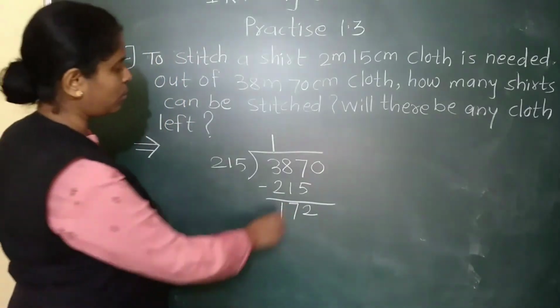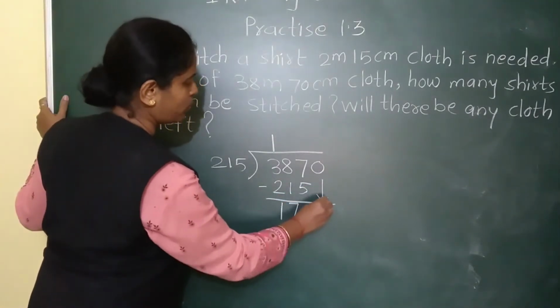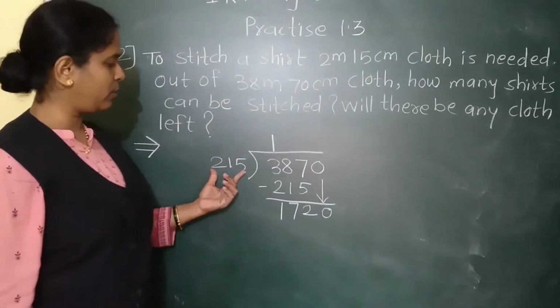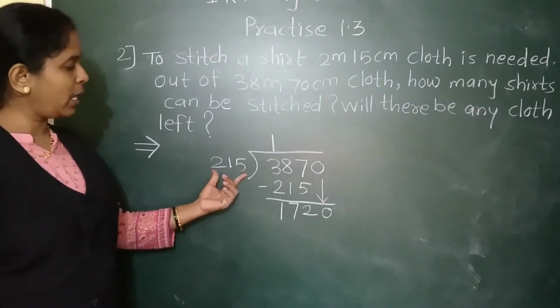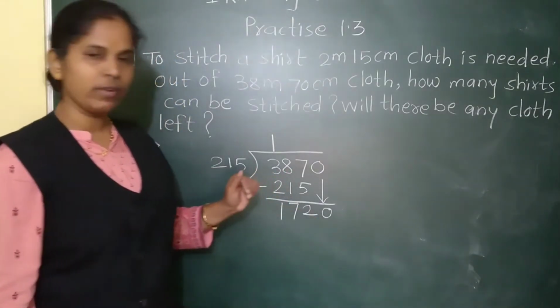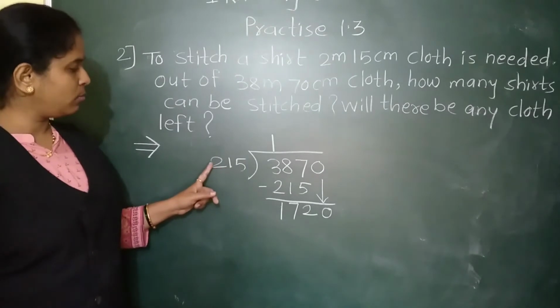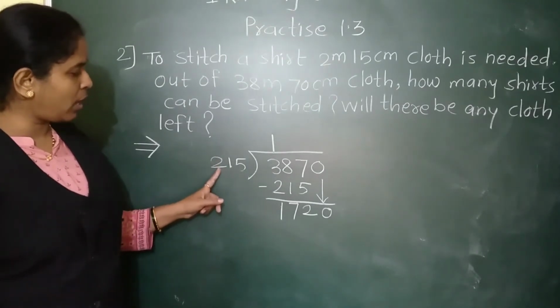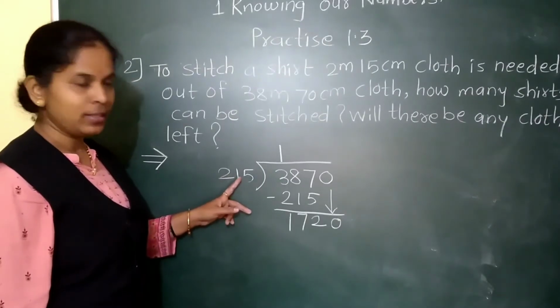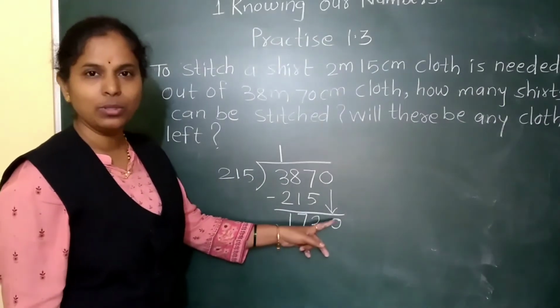Okay. Now take this 0. Now 215 we have to multiply by such a number that we will get 1720. If I multiply it by 8, then we will get 1720.